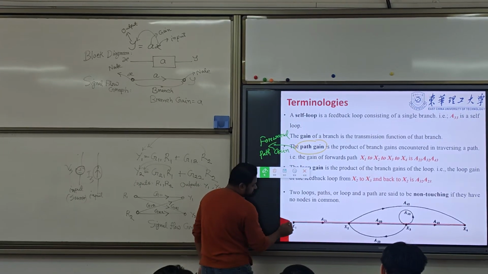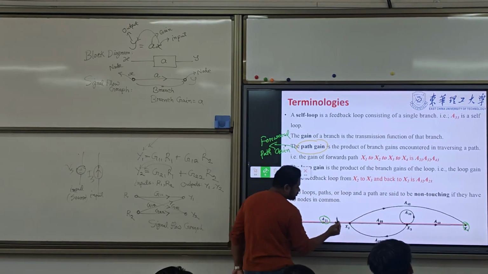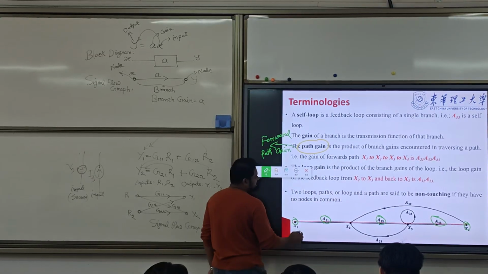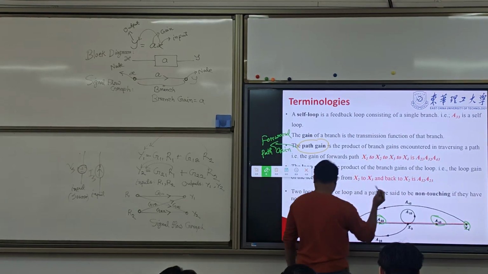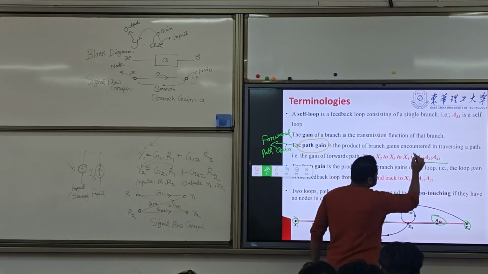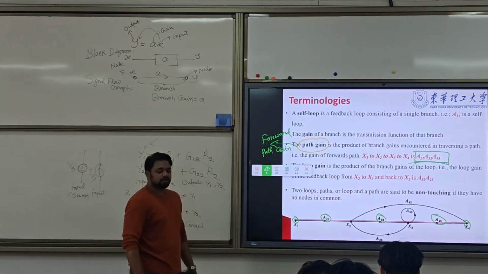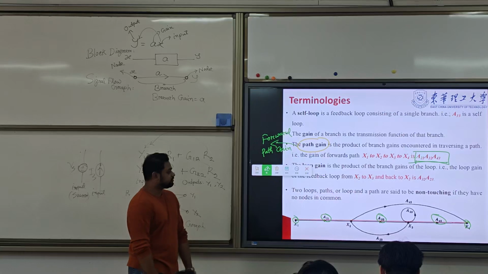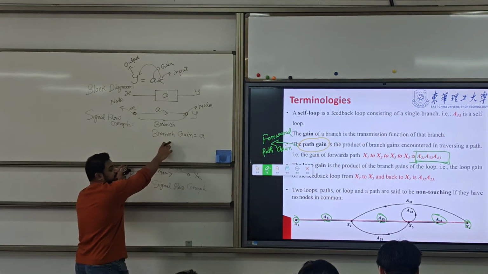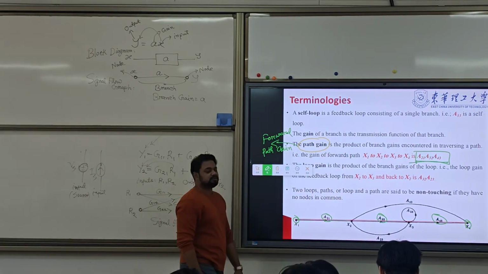Look, it starts from here and ends here. So how many gains do we have? A12, A23, A34. So we have A12, A21, A32, and A43. That is the gain. All the gains will be multiplied. Each branch will have a gain, and all the gains will be multiplied in that path.